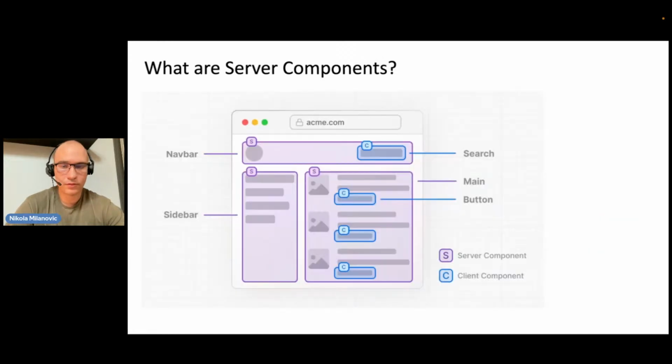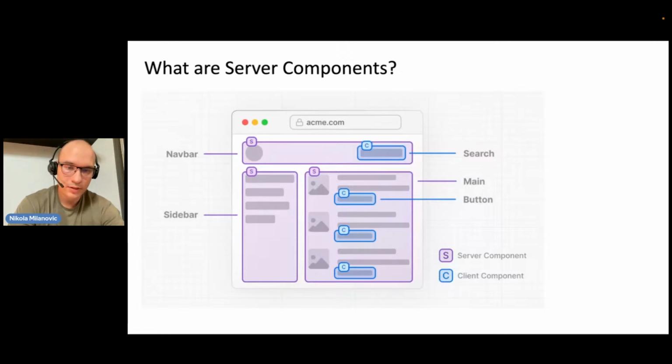So let's go. This is an image from the Next.js documentation, and I think it explains nicely how it looks on the actual page. You can see that we have a navbar, a sidebar, and some main content, and the components that are purple are basically server components, and the blue ones are client ones.